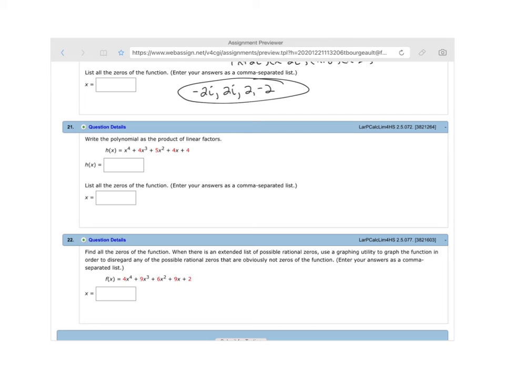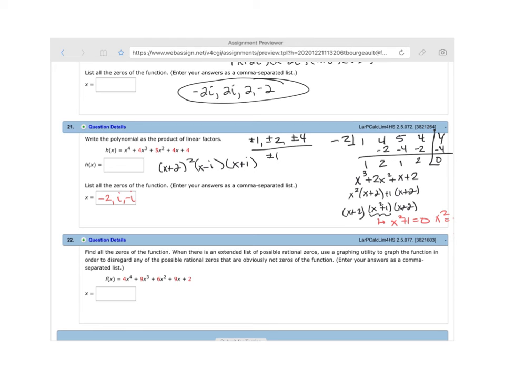And remember, if you're struggling with where I'm getting these plus or minus 2i's, 4i's, you can do x squared plus 1 equals 0. So you get x squared equals negative 1 and x equals plus or minus the square root of negative 1, which you know is plus or minus i. It's hard to read that, sorry. And then that means that my zeros, again, are negative 2, i, and negative i.